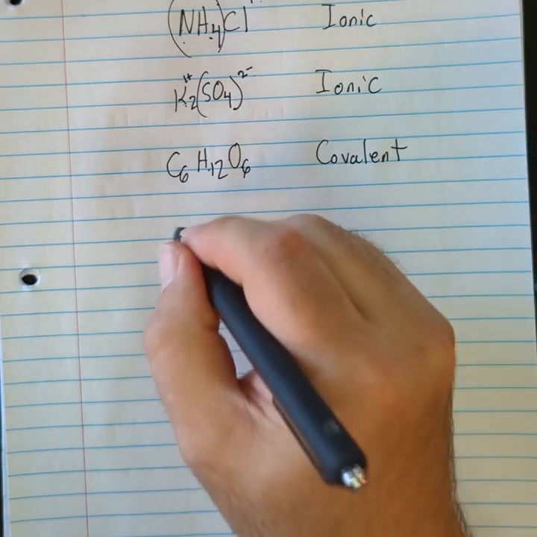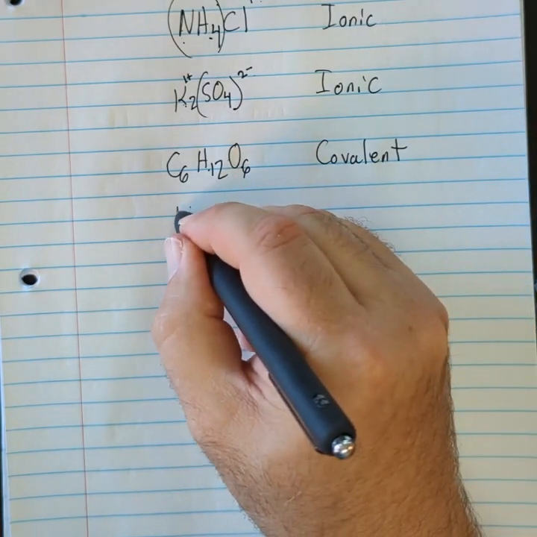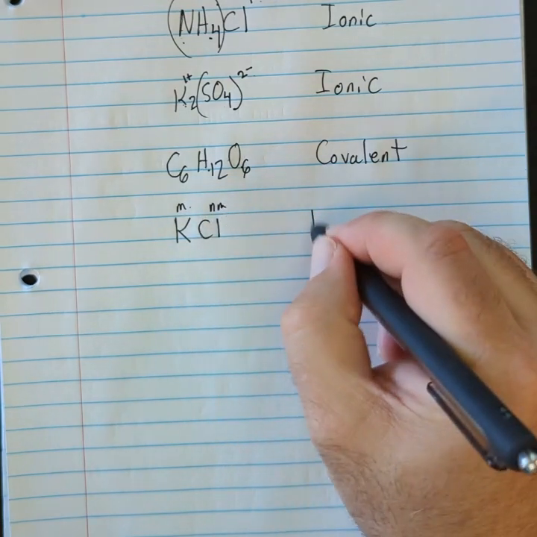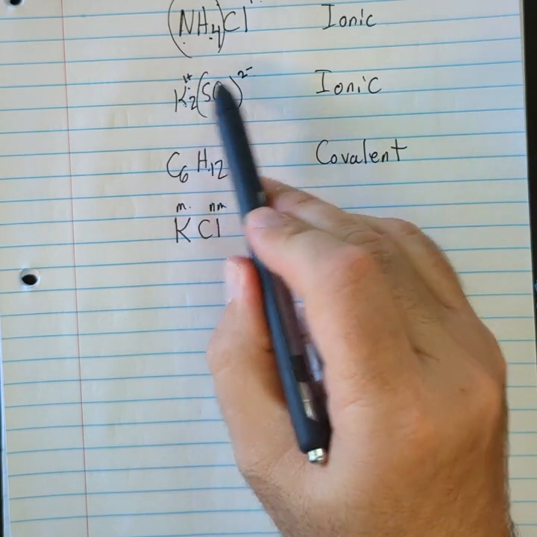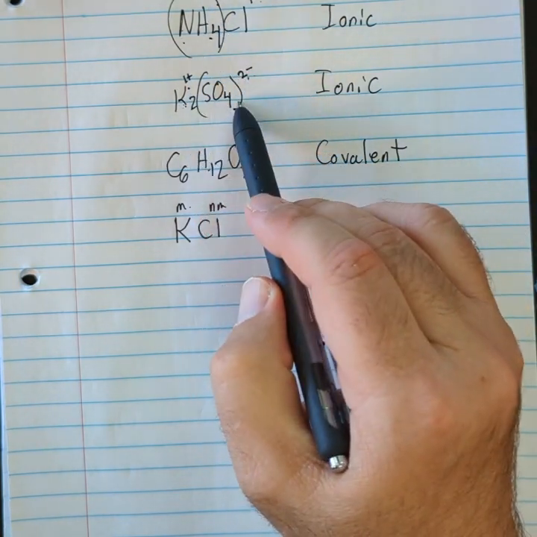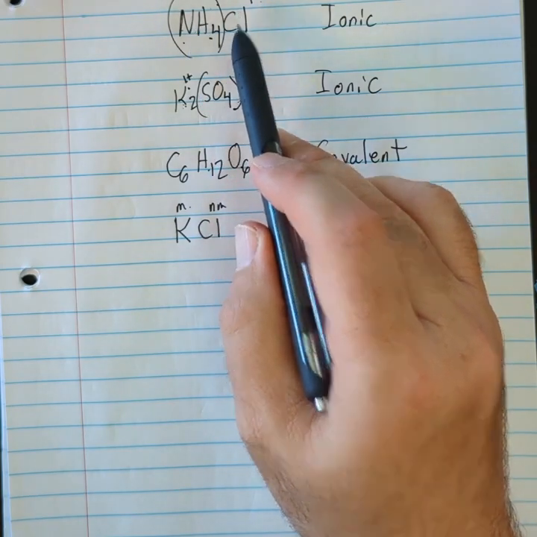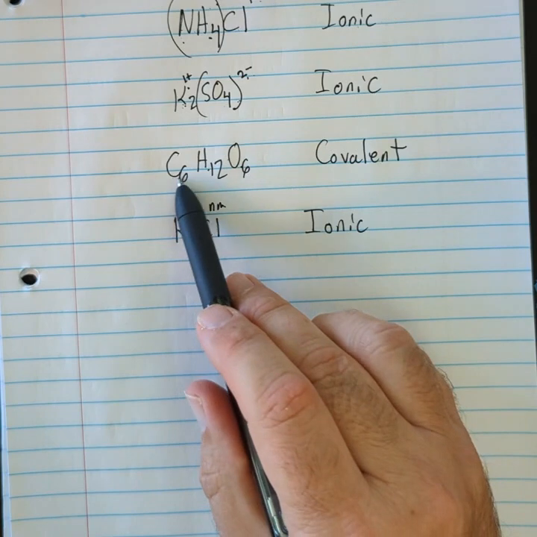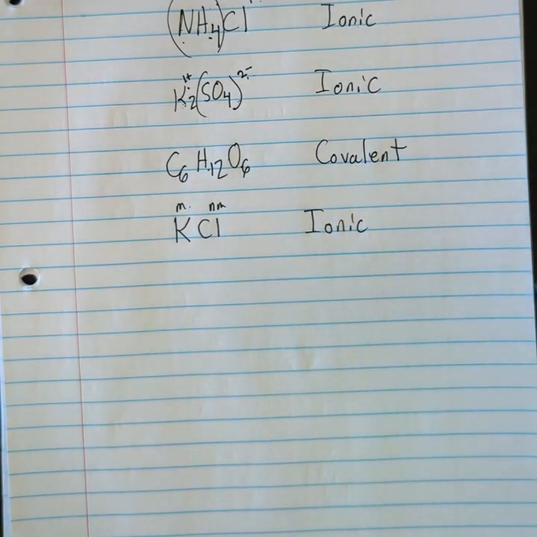If you have something like KCl, you have a metal and a nonmetal, that is definitely ionic. If you have a positive and a negative, or a positive and a negative polyatomic ion, or a positive polyatomic ion and a negative, that's ionic. If you have all nonmetals, it's covalent.